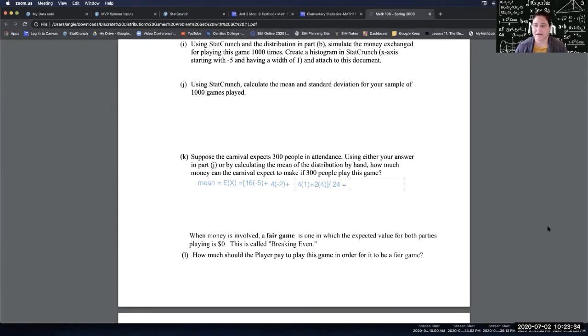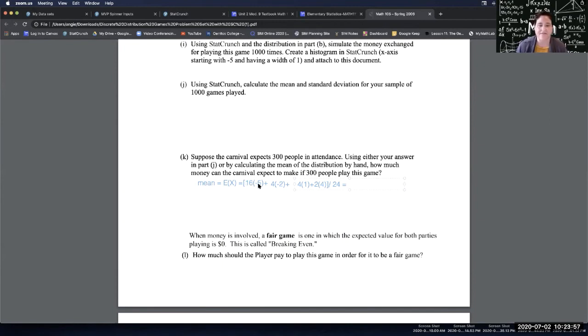Anybody got this? Matthew, did you calculate this yet or no? I'm talking about the mean right here that I'm calculating. I'm taking all these values and summing them up. Oh, no, I haven't done that yet. Okay, so go ahead and get your calculators out and sum those up.